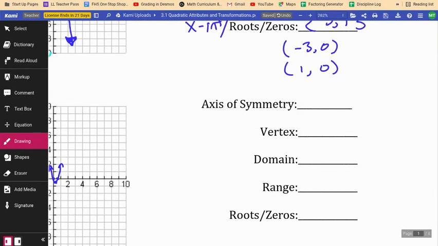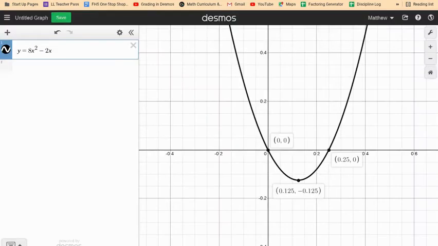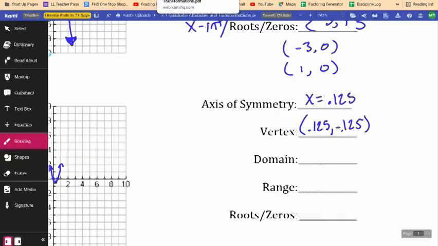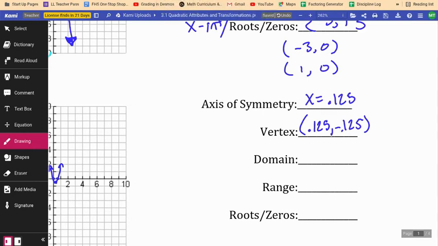So the main thing is we want the vertex, 0.125, negative 0.125. That makes my axis of symmetry x equals 0.125, right? And then my zeros, my roots, my x-intercepts are 0 and 0.25.